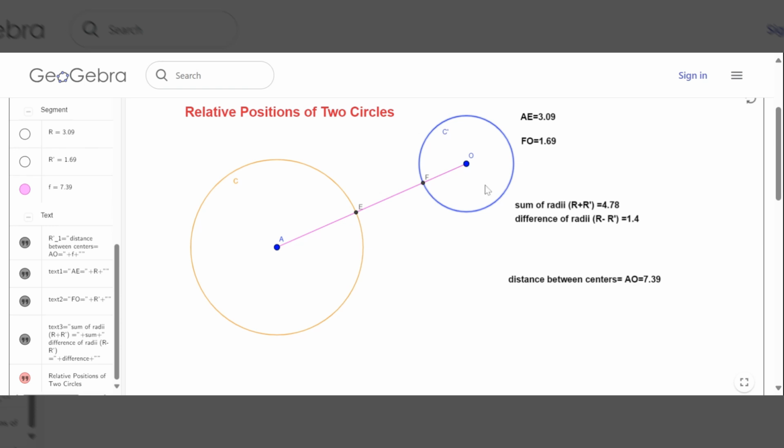If these two circles are tangent, the distance between the centers will be equal to the sum of the radii, and so on. We are going to learn, in each case, the different relative position between two circles, and the relation between their radii and the distance between their centers.